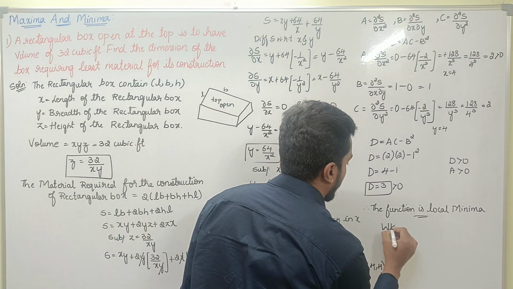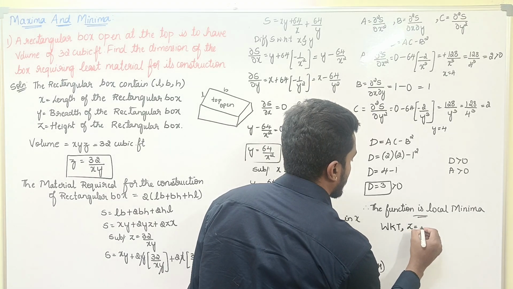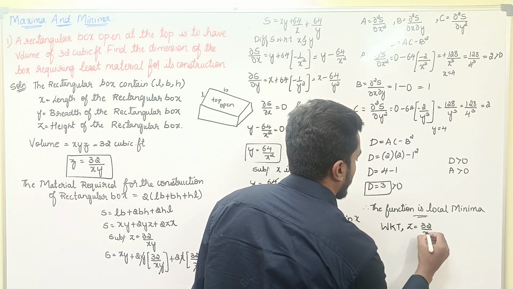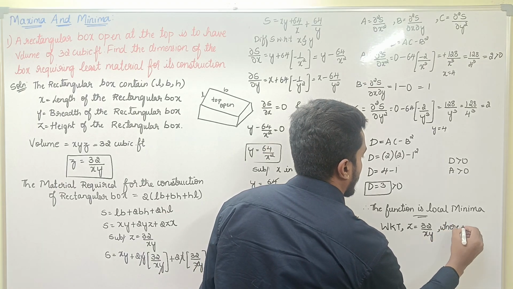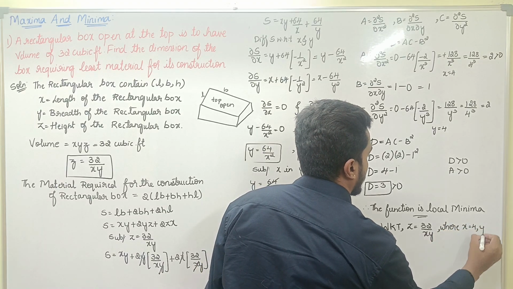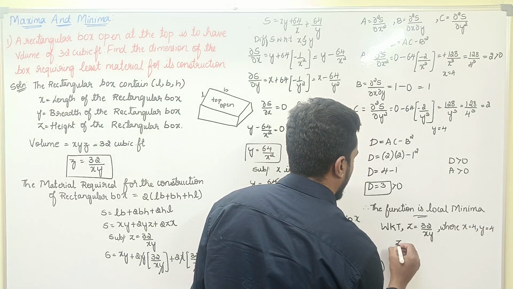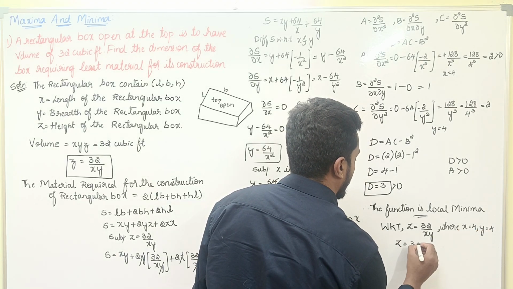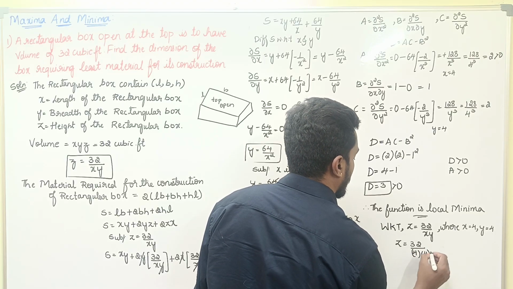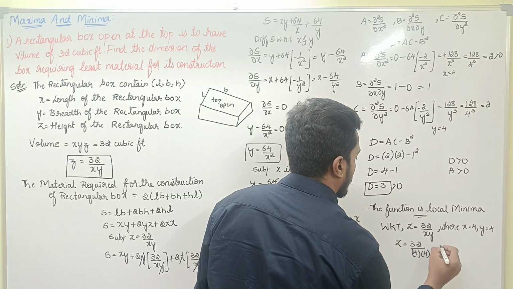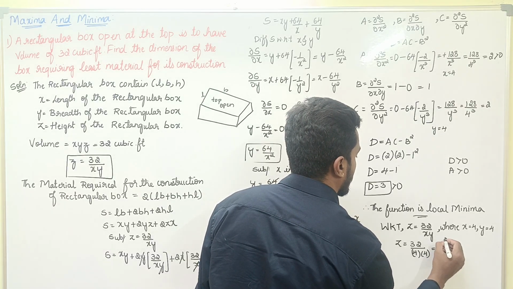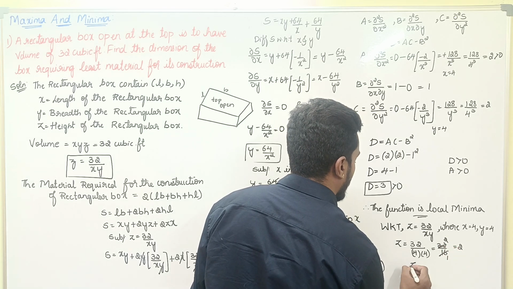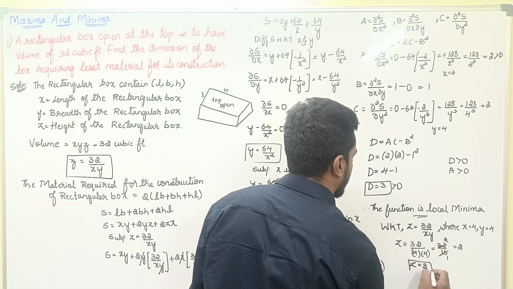We know that z is equal to 32 by xy, where x equal to 4, y equal to 4. z is equal to 32 by 4 into 4, that is 32 by 16, which is 2. The z value is equal to 2.